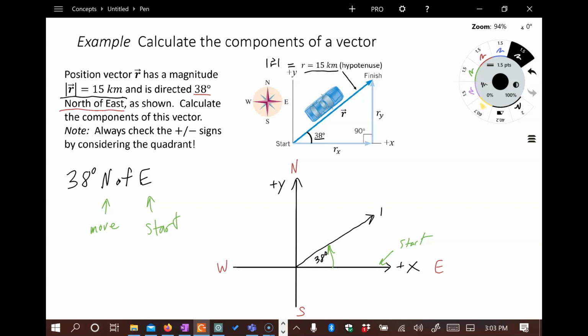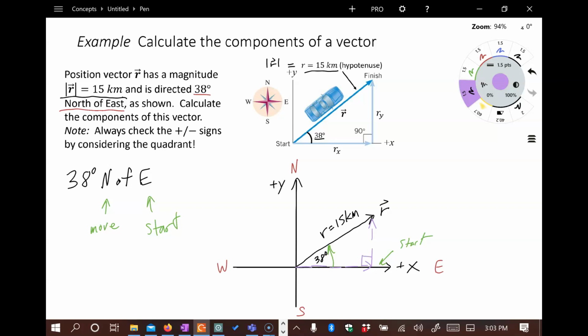Let's label our vector r. The hypotenuse here of a triangle is 15 kilometers. And then we can make components of this vector. So I've got a right triangle I can form here at the base of the vector, and here it is. Now I've got two sides of a right triangle, right?